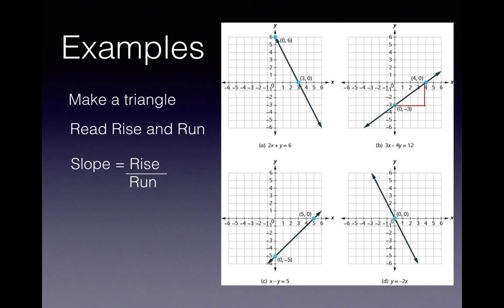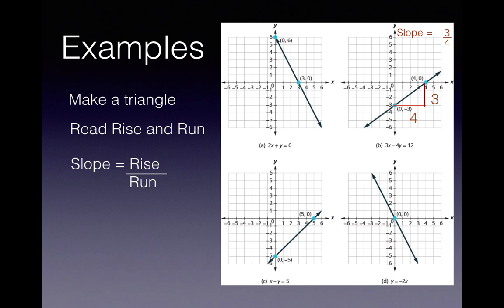Now I need to read off my rise and my run. My run is horizontal because you run horizontally and you rise vertically. So when I read those, I get a run of 4 and a rise of 3. I know that slope is equal to rise over run, so the slope in this case will be 3 over 4. That's my answer.